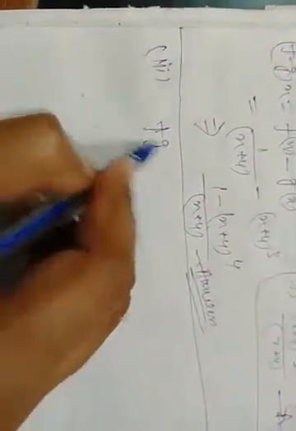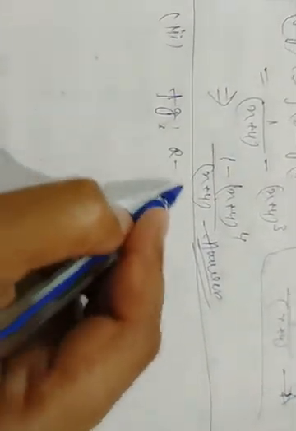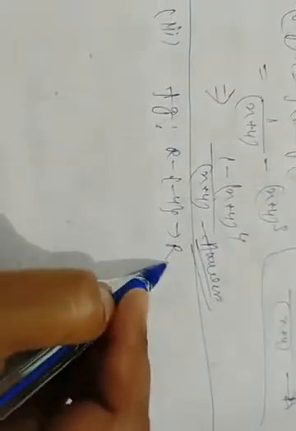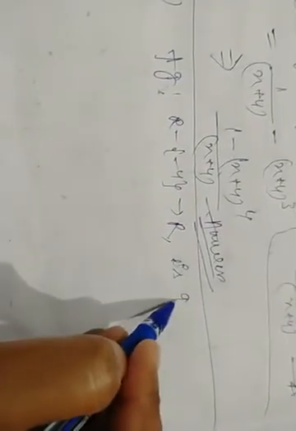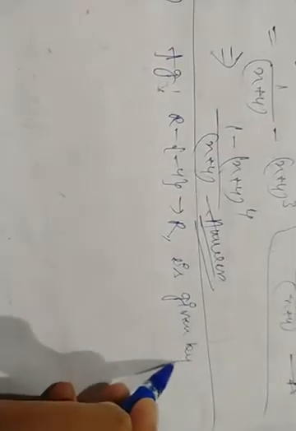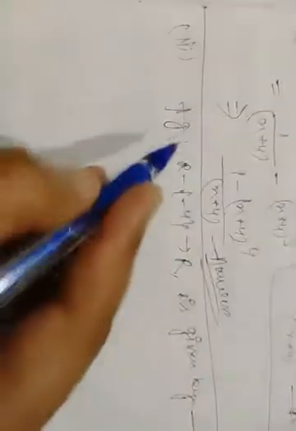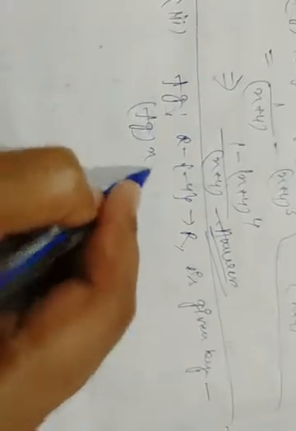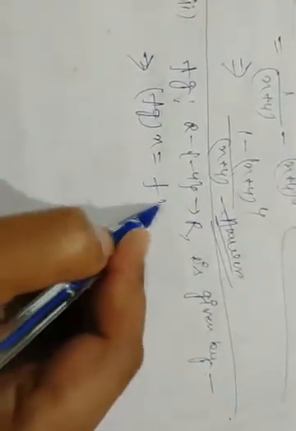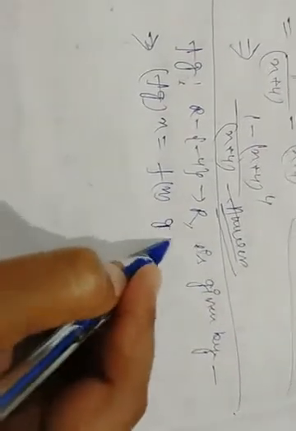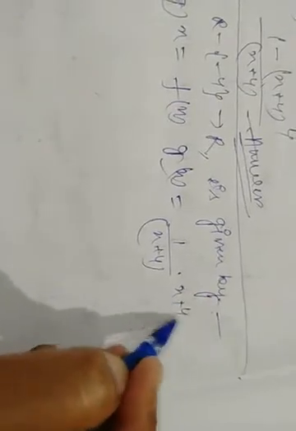Now we take the third point, f into g, and also f into g such that their common domain is defined, R minus {-4} tends to R, is given by: f into g of x is equal to f of x into the value of g of x, which is (x plus 4) whole cube.